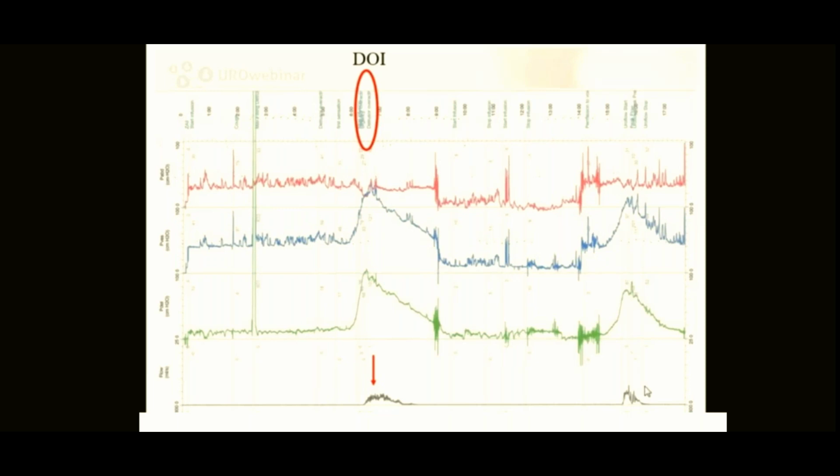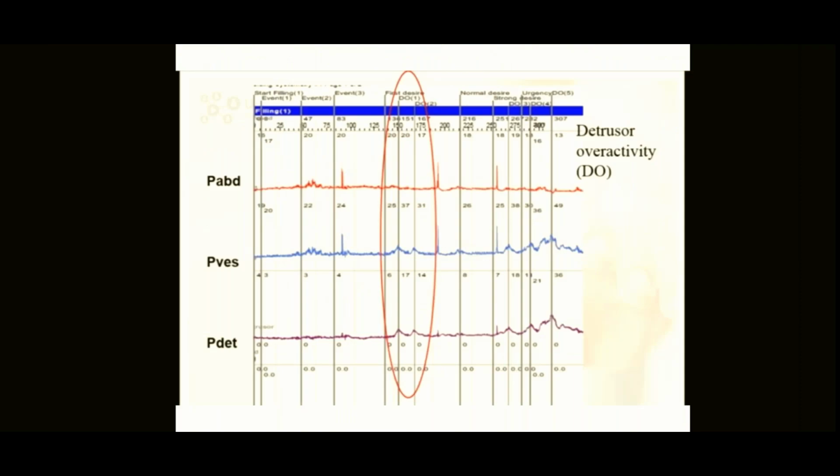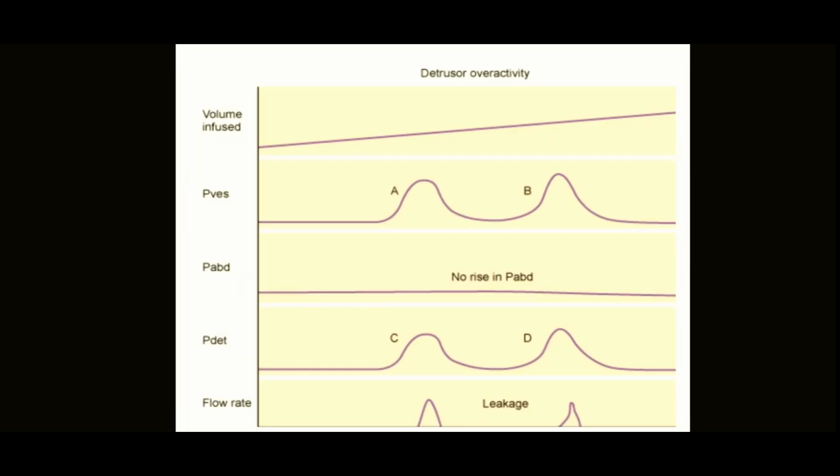See here, the first line, the third is about the detrusor pressure, and pressures are rising along with the leak, along with the overactivity. It is not a stress incontinence, and then you may look at the different types of the stress urinary incontinence that the patient is having.